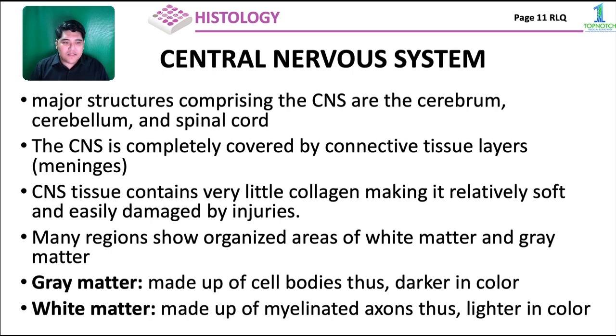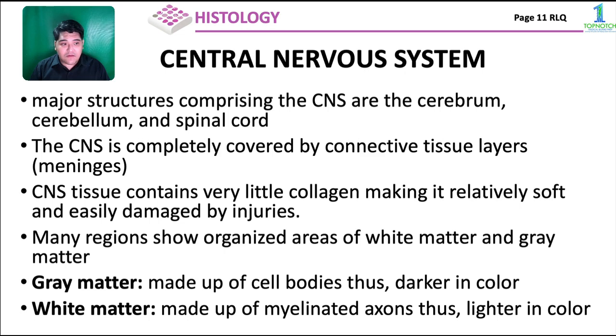Remember that. Okay, so your CNS is a major structure comprising, ang components ng CNS is your cerebrum, your cerebellum, and your spinal cord. It is completely covered by your tissue layers or meninges. Reviewing, na-discuss na yan ni Dr. Jed Lianes sa head.